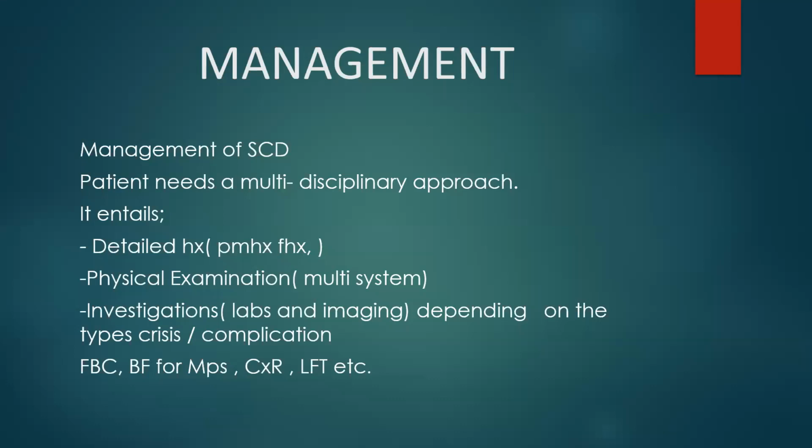Investigation. For patients who don't know their genotype, we do the diagnostic test to confirm whether the patient is a sickle cell patient. If the patient is a sickle patient, then we do other labs to see if there is other end organ damage.